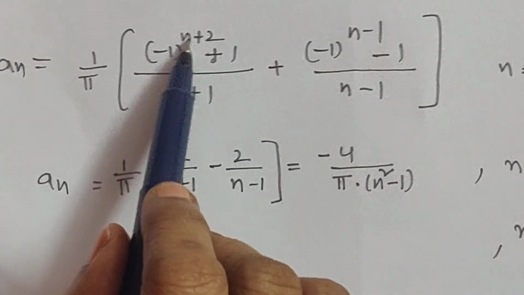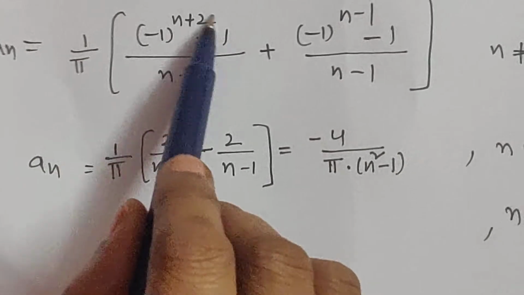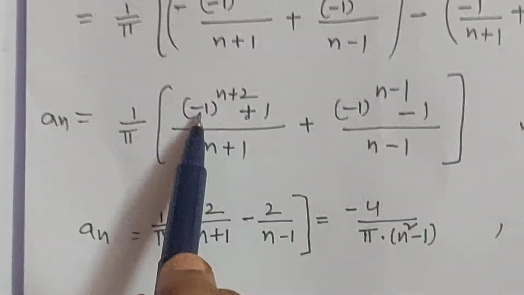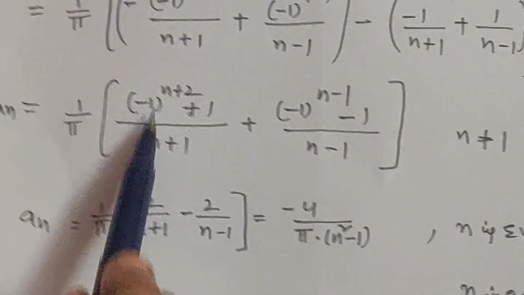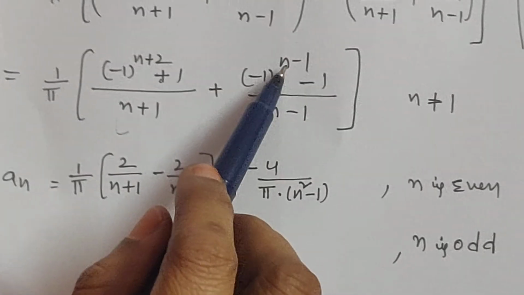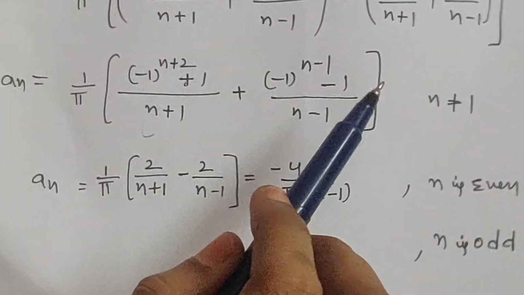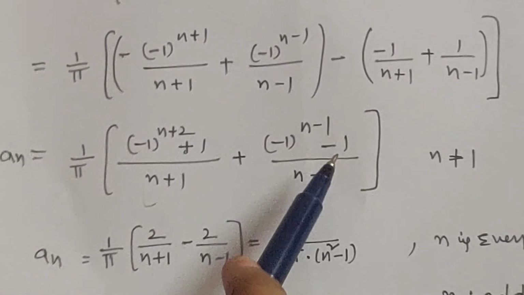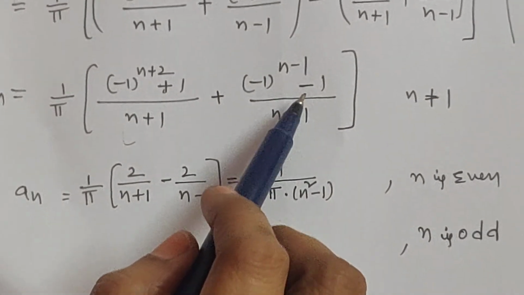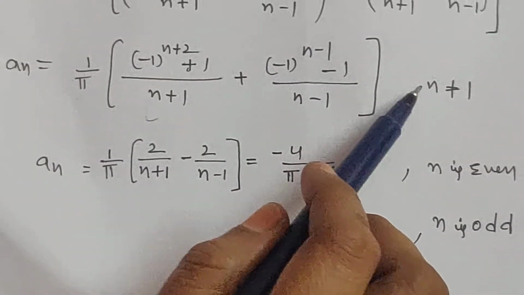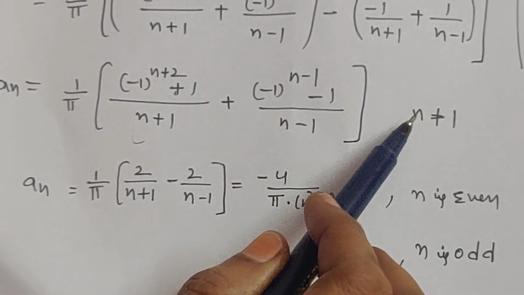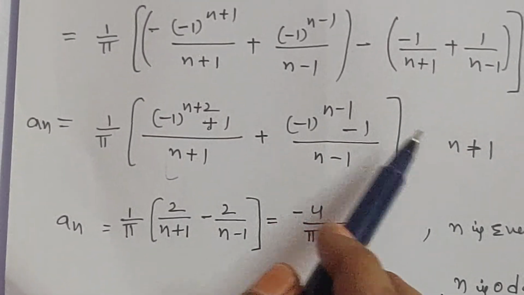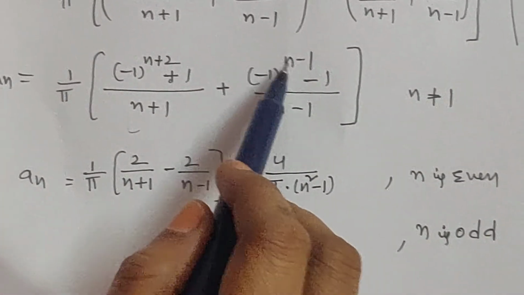If n is odd, means n equal to 1, in the power you will get 3, that means minus 1. Minus 1 plus 1, 0. This term is 0. Here also n equal to 1 is not defined, so n equal to 3 onwards we have to check.